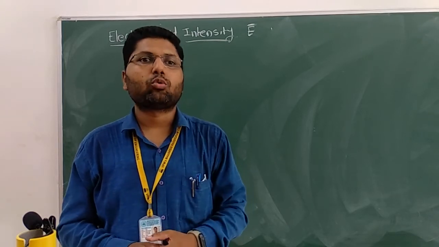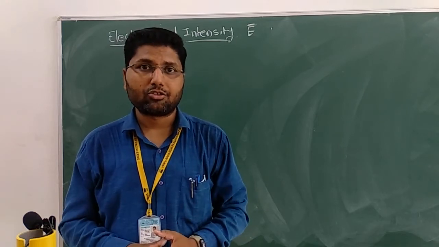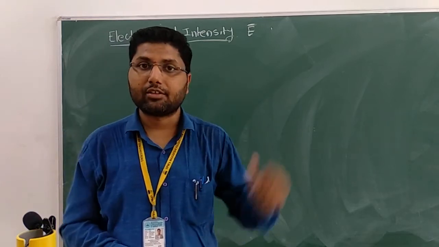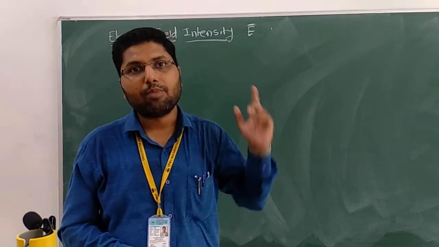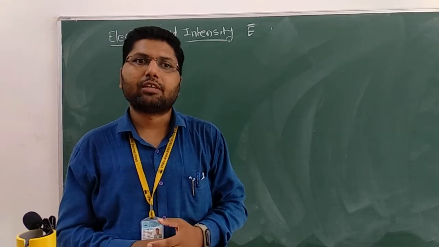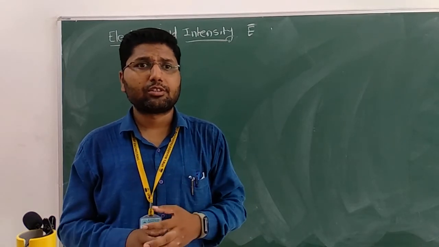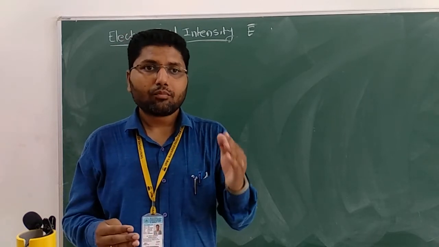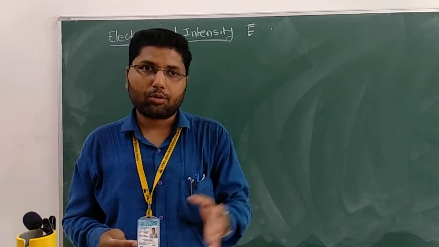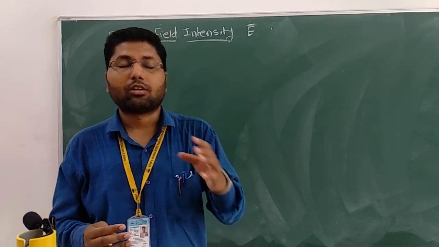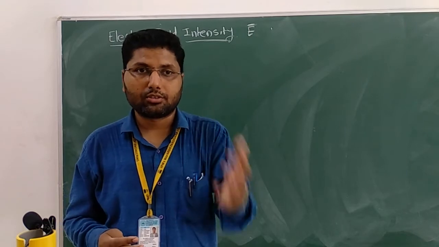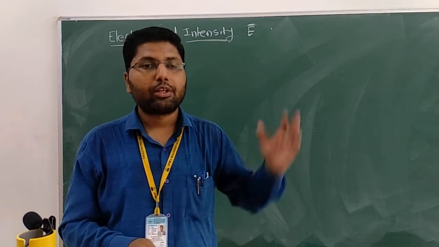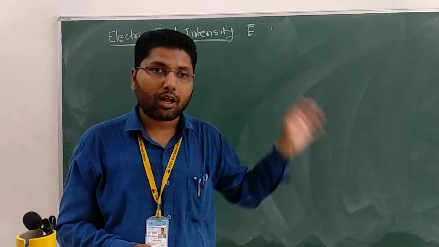Today we are going to the main core part of electromagnetic engineering, that is electric field intensity. You can see here electric field intensity is given by this letter, E bar. In this topic we will see some theorems and some derivations. For different charge configurations like Gauss law, line charge, sheet charge and volume charge, you have to use that application to find the electric field intensity around the surface.